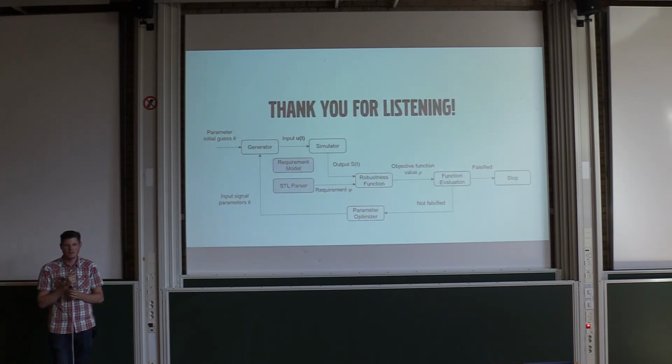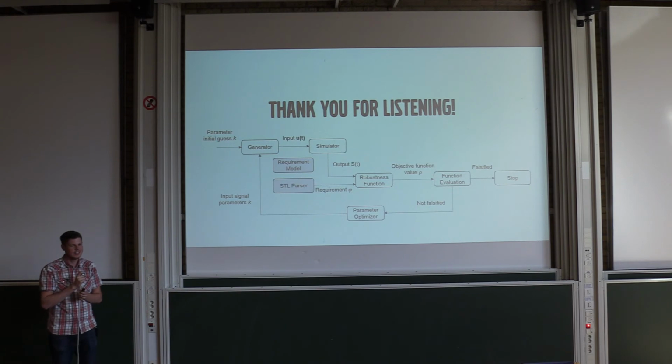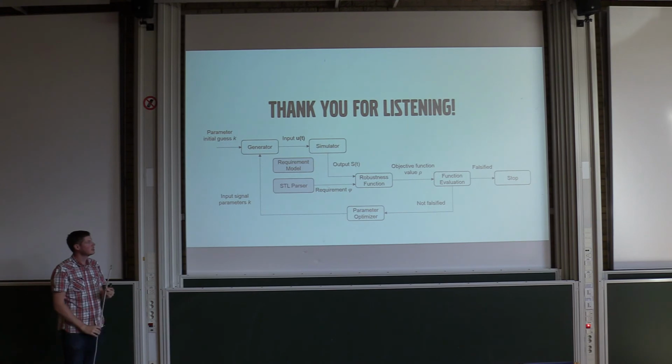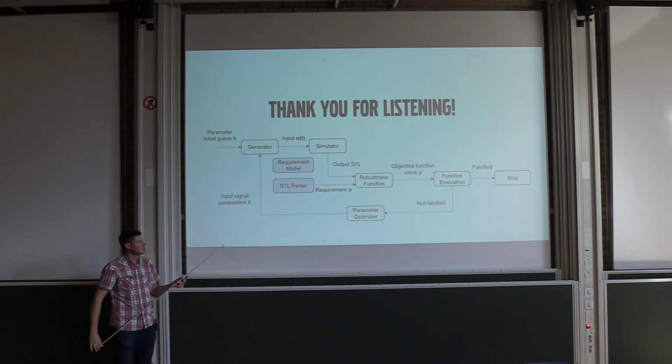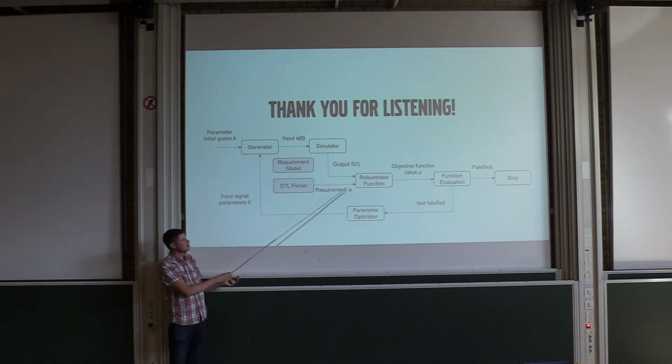And what are the open problems here? If you've got students doing a design project or a master thesis, what do you think is here to solve? So we can talk specifically about the falsification process. Then there are a number of problems. I think the most interesting ones, which we are working with as well, is the robustness function.